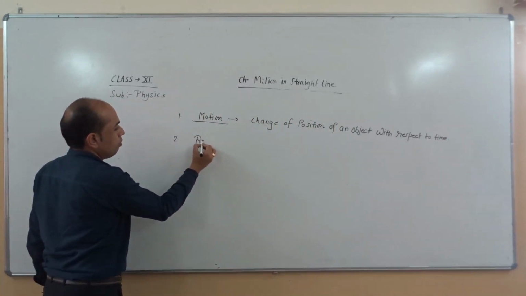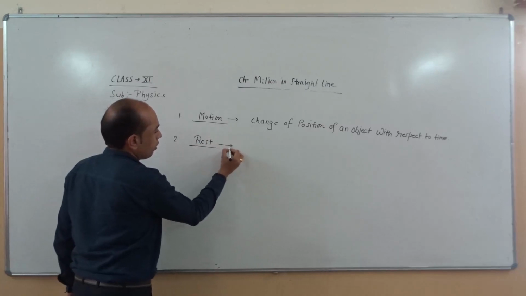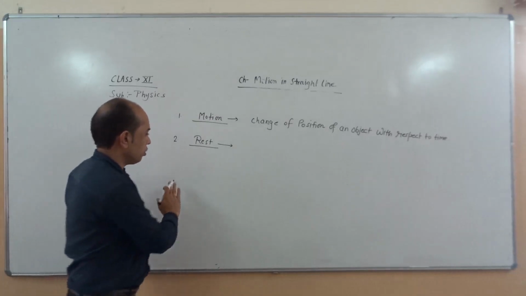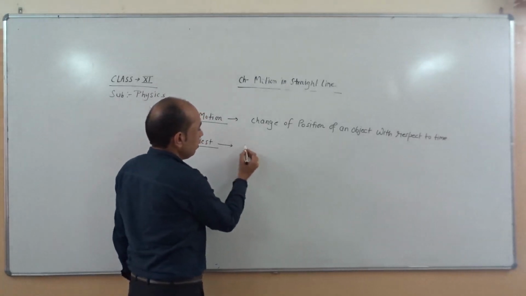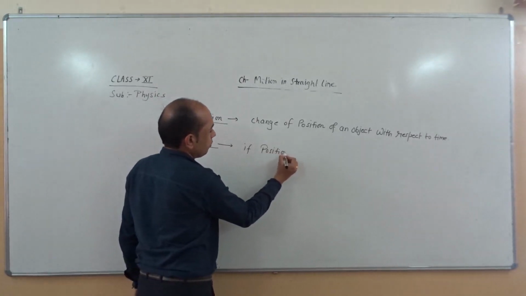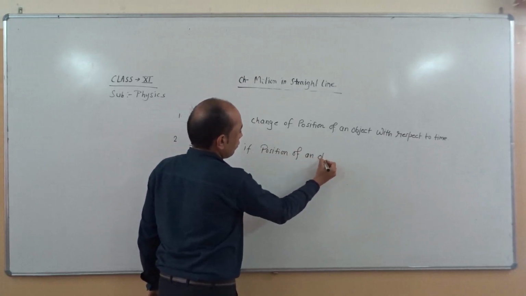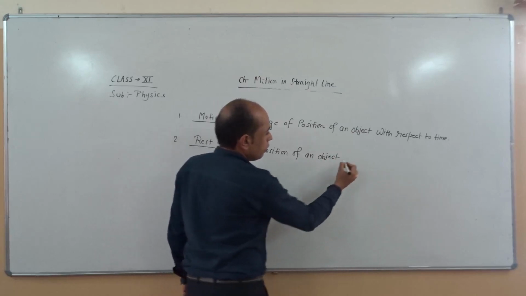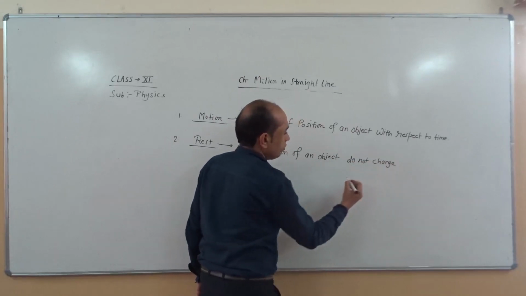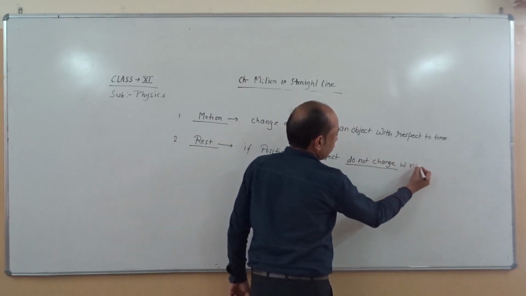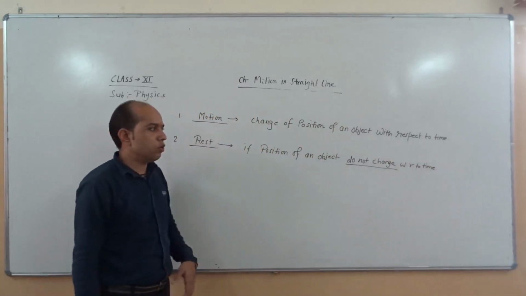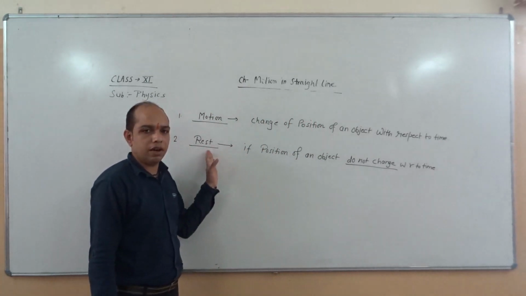Second, we come to the word rest. Motion and rest are simultaneously just opposed, relative to each other. Rest means if the position of an object does not change with respect to time, then this is called rest.